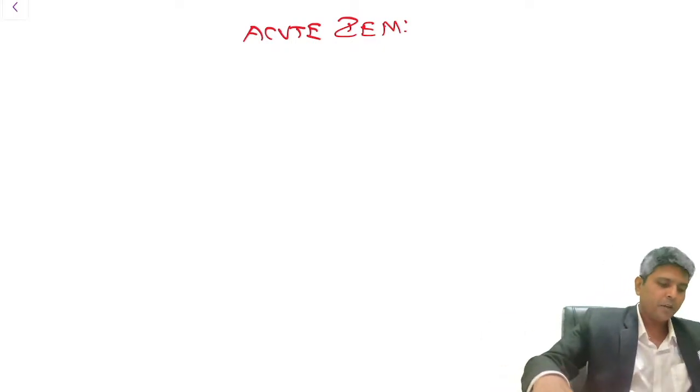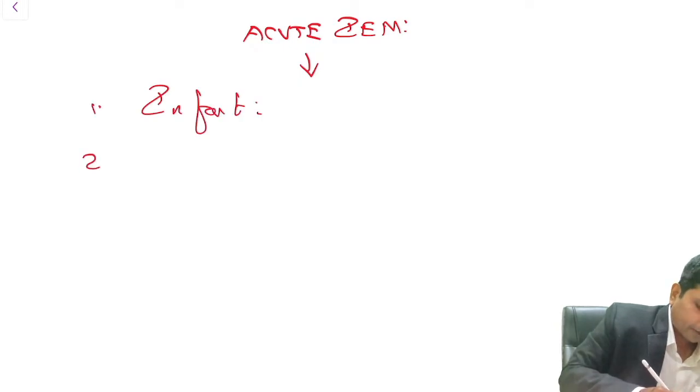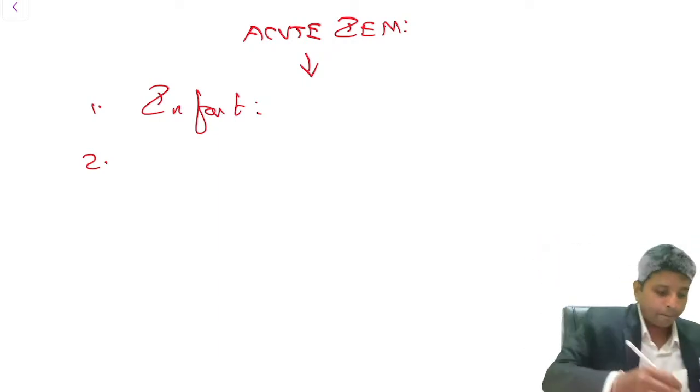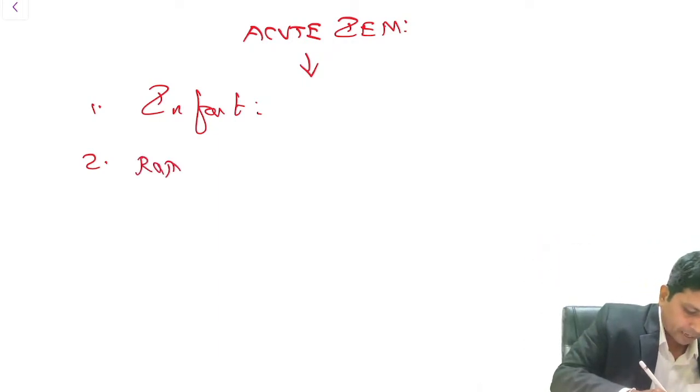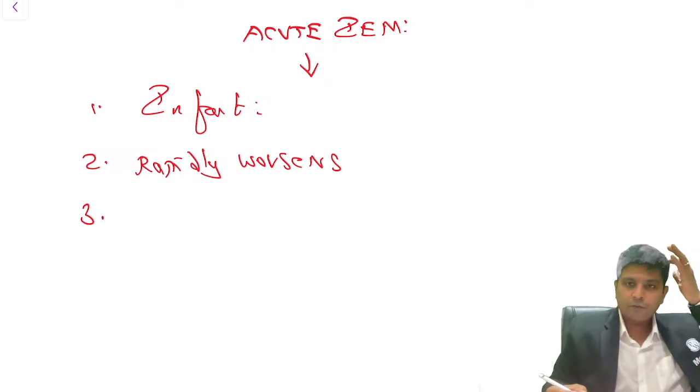So acute inborn errors of metabolism, when you need to consider it: when any infant, point number 1, rapidly worsens in the form of what?